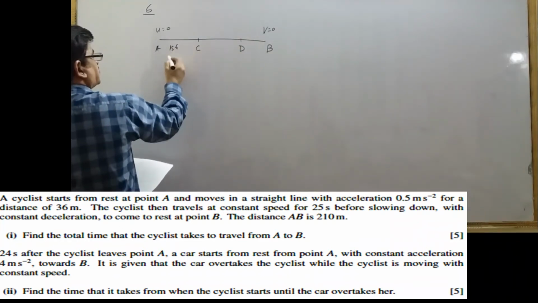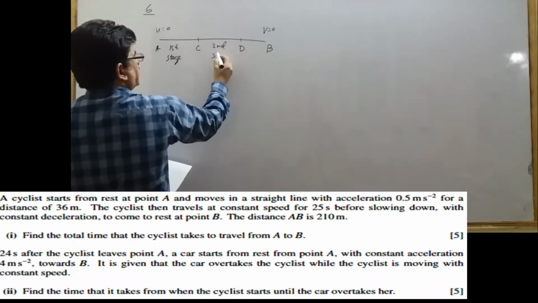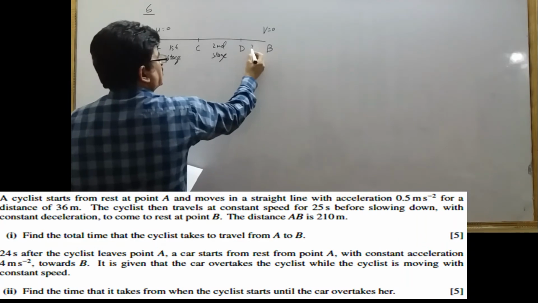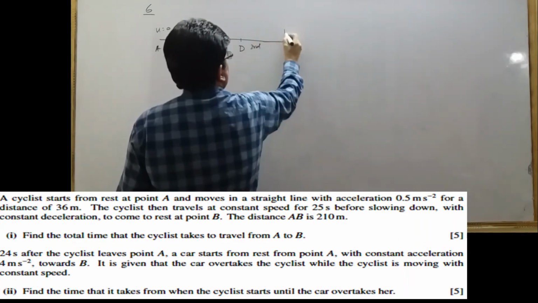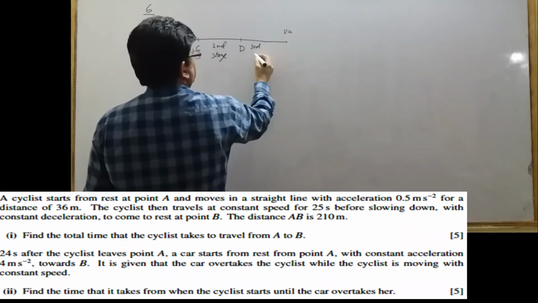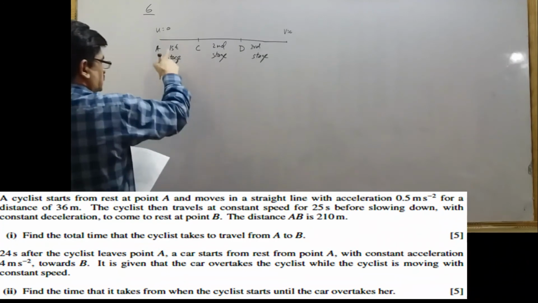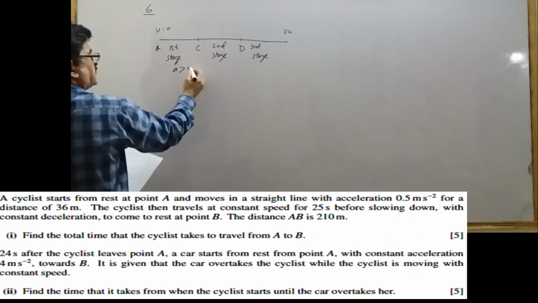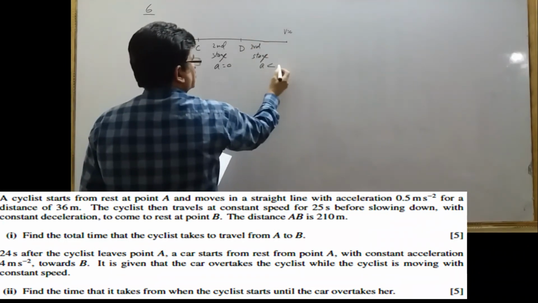So I can write this is the first stage, this is the second stage, and this is the third stage. In this stage acceleration is positive, here acceleration is 0, here acceleration is negative.